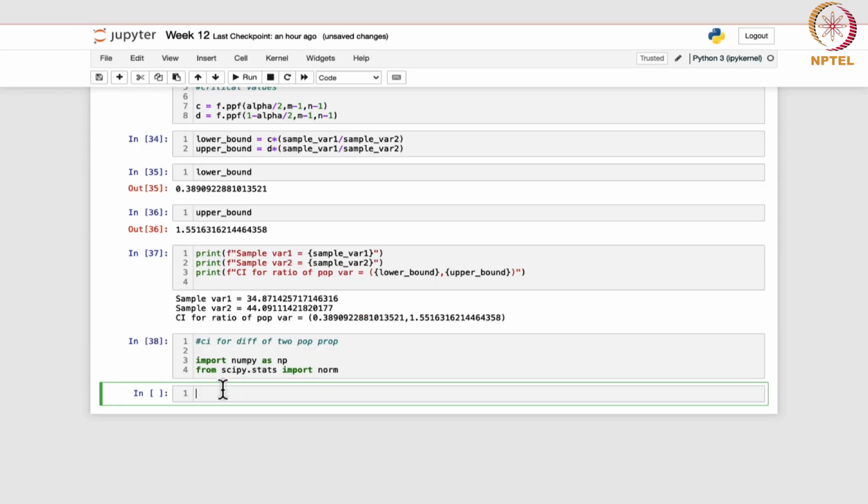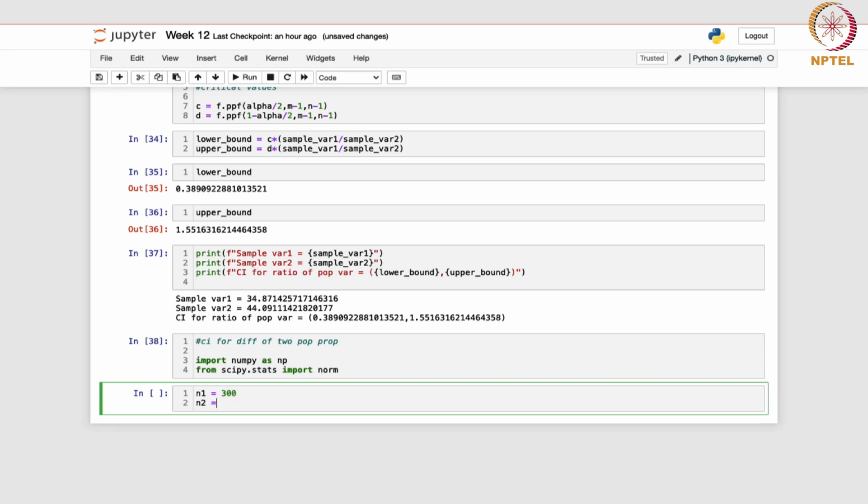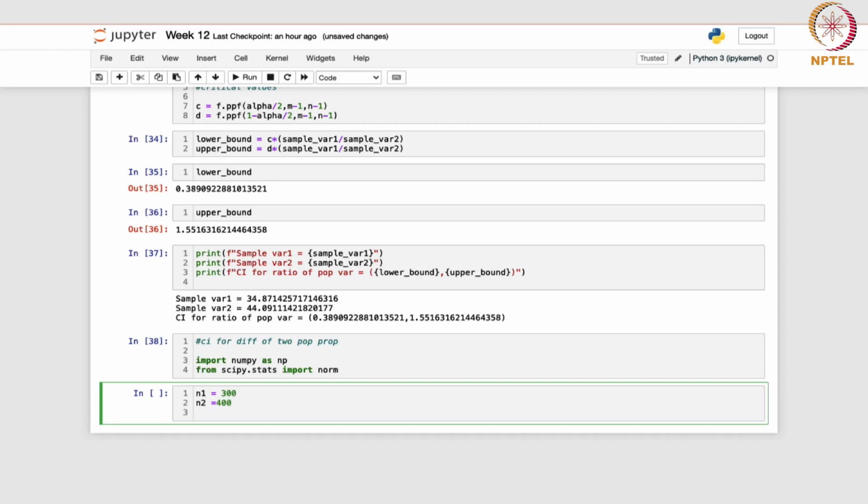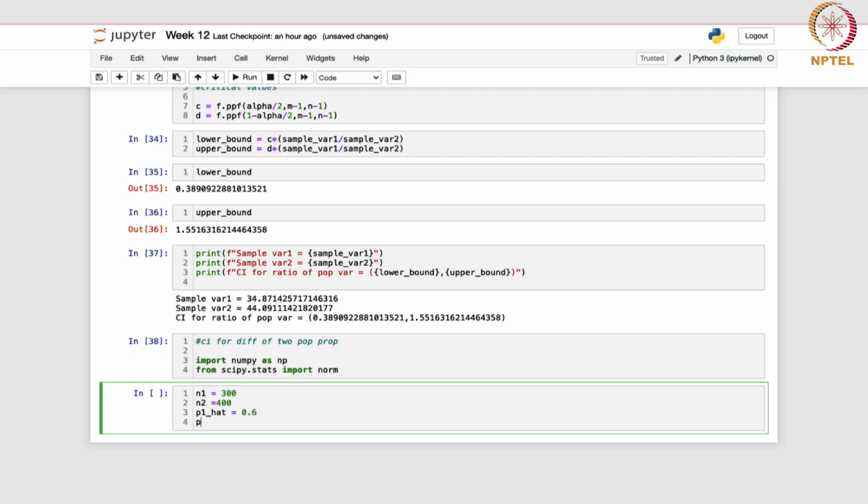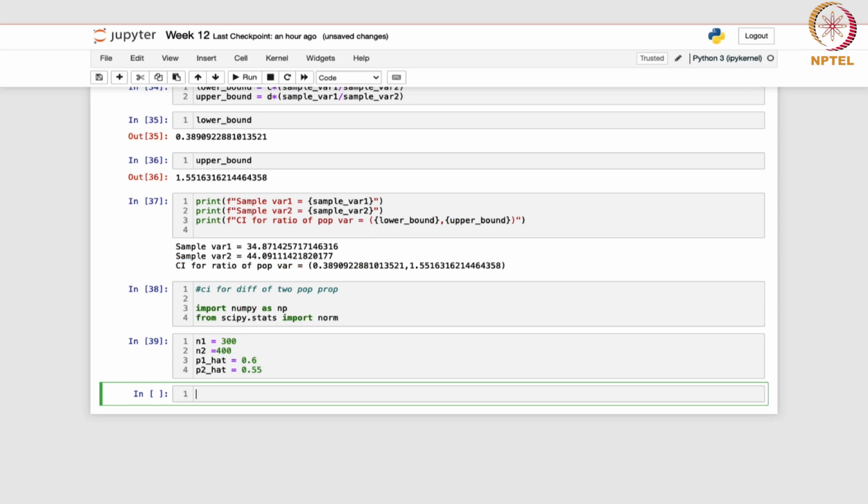So let us first see the sample sizes. Let the first sample size n1 be 300, and n2 be 400. Let me take p1 hat as 0.6, the sample proportion for the first population, and p2 hat as 0.55, the sample proportion corresponding to the second one.